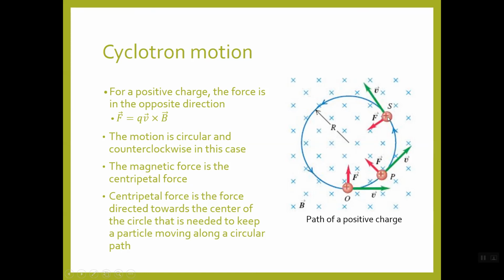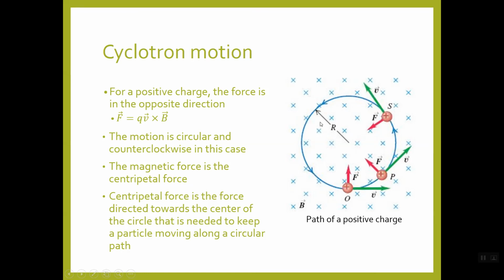Here at this point, let's take this point, V, you put your thumb in the direction of V, you put your index finger in the direction of the magnetic field, so going into the page, and then you'll get a force pointing inward. So we'll get circular motion, and in this case, counterclockwise.